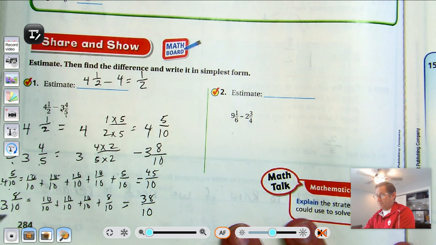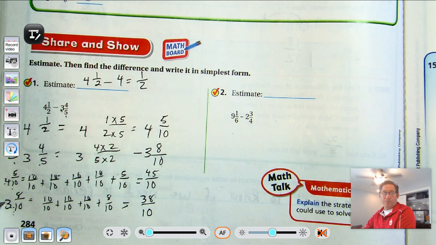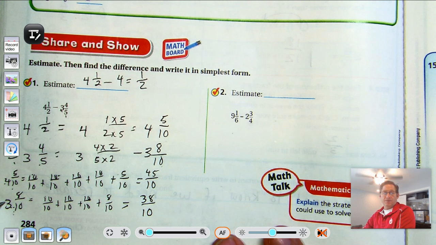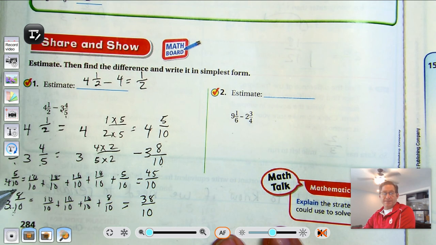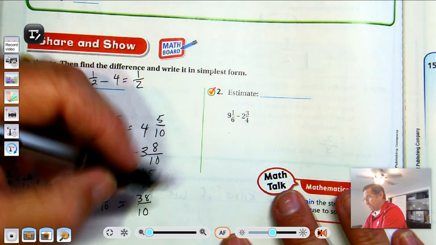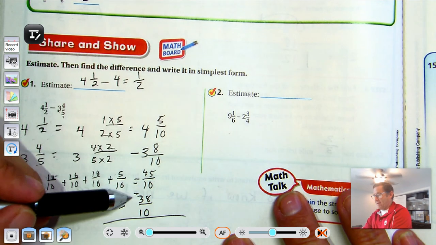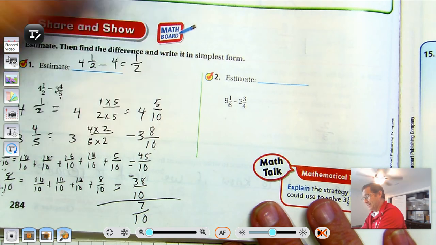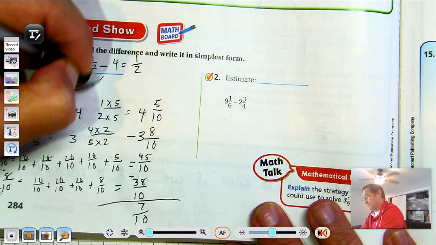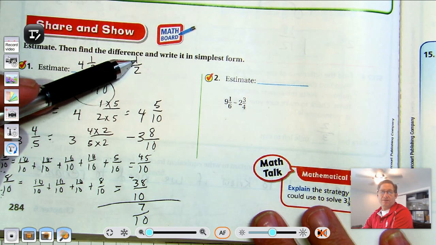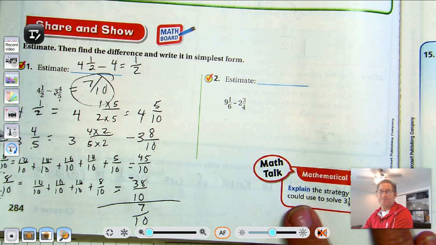So we could have instead just gone 10 times 3, because we know that each whole number has 10 in its denominator. So 30 plus 8 more is 38/10. So we have 45/10 take away 38/10. That's going to leave me 7/10. Well, half of 10 is 5, so we are close to our estimate.